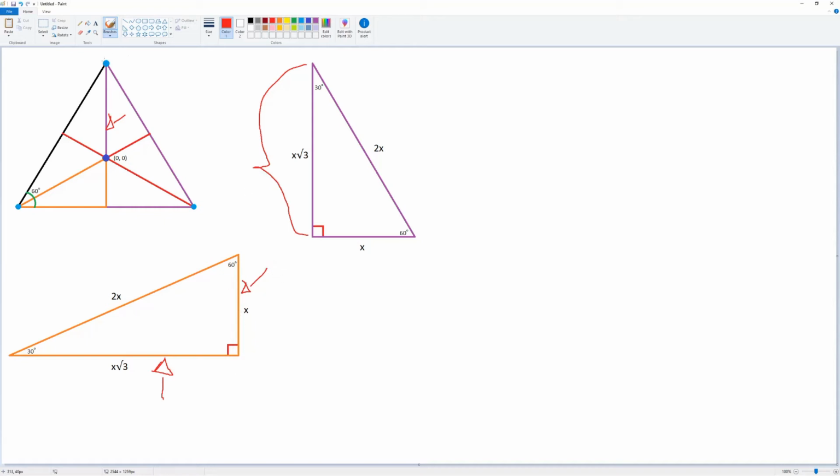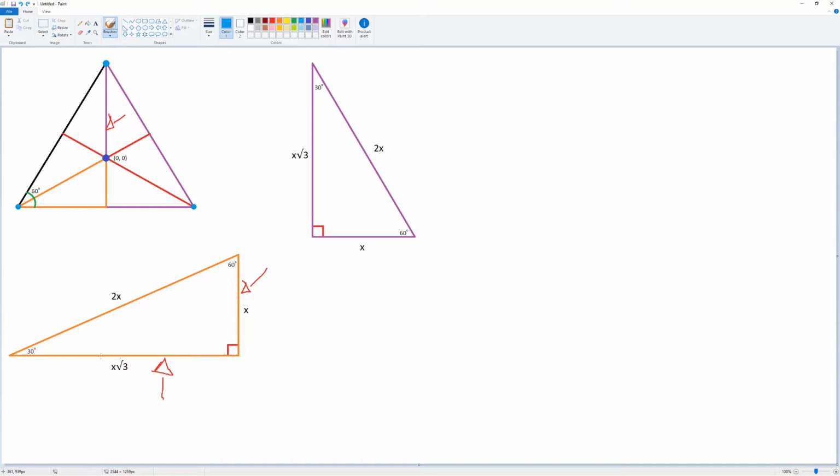Because this whole thing right here is this whole thing right here, and this right here, I'll do it in another color, is this little segment. And if we subtract this segment from the whole segment, we just get what's left over here. All right, let's do some math. I'll get rid of that ugliness.